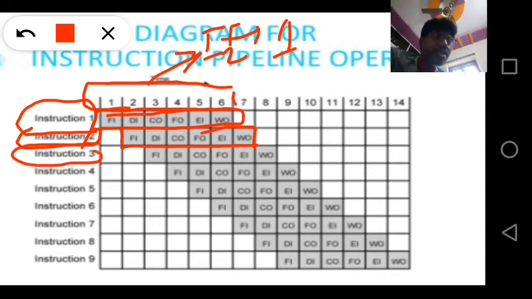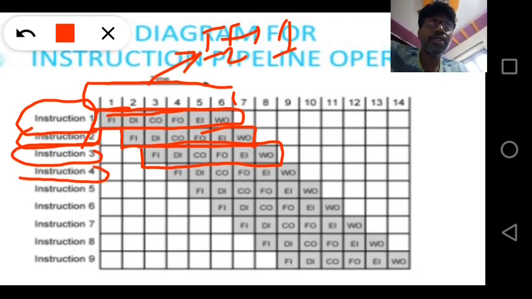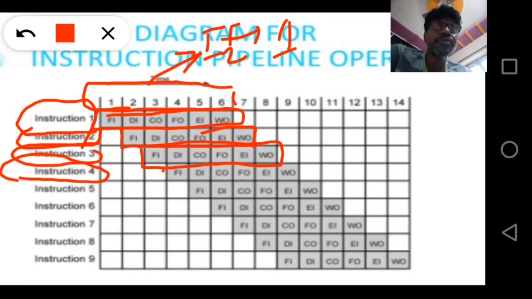Next, instruction 3. When the first instruction's operands are being calculated, the fetching of instruction 3 starts here. And for instruction 4, this starts here.